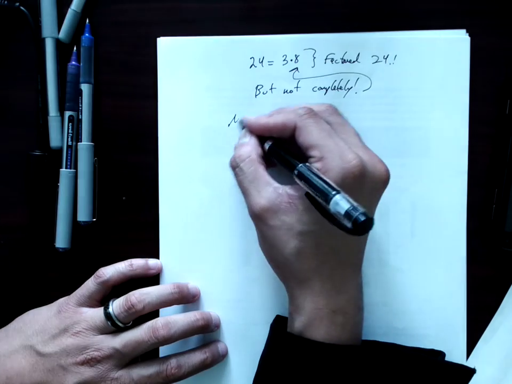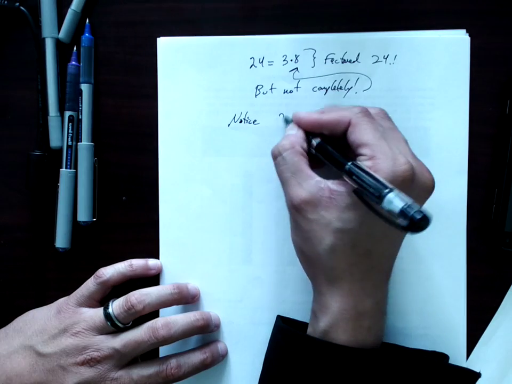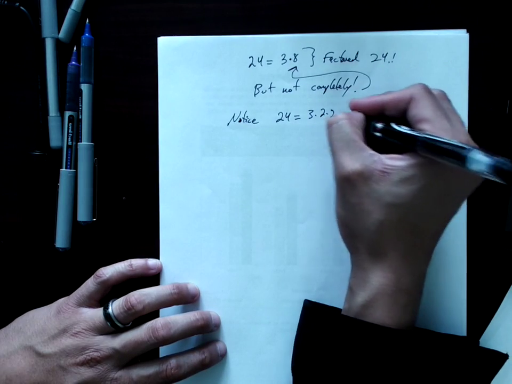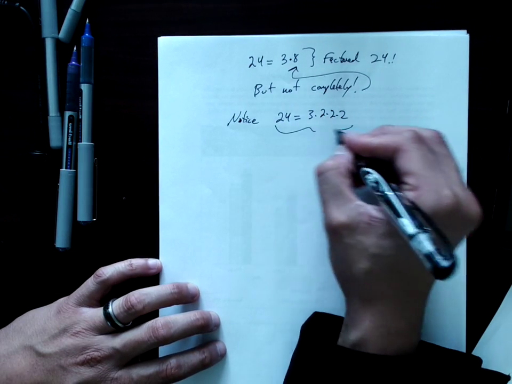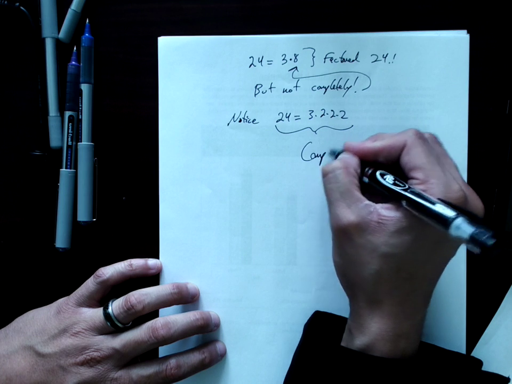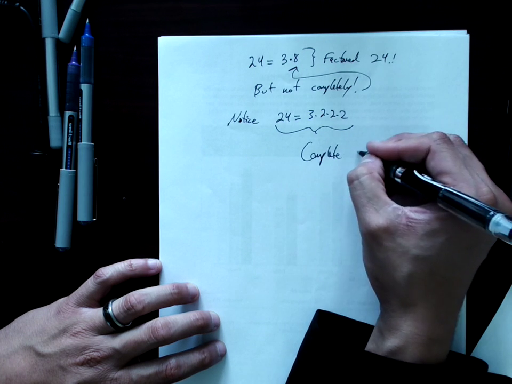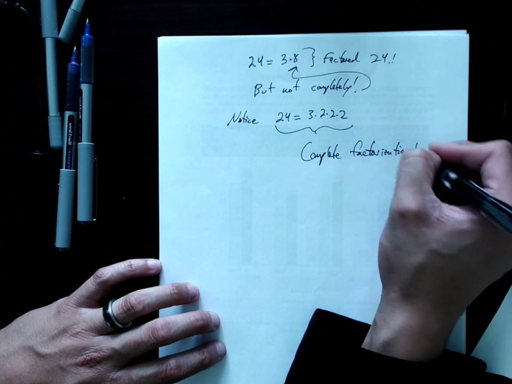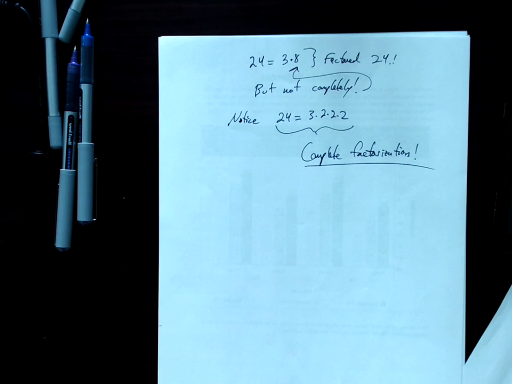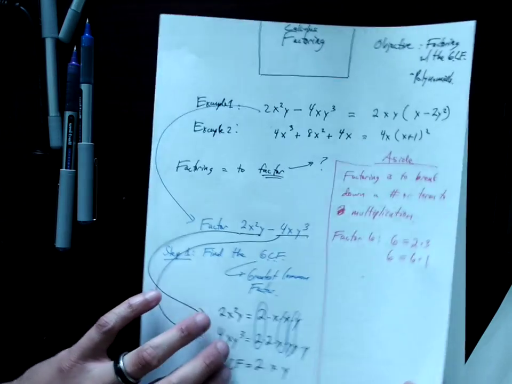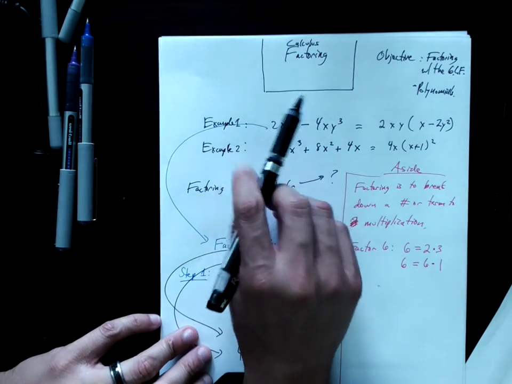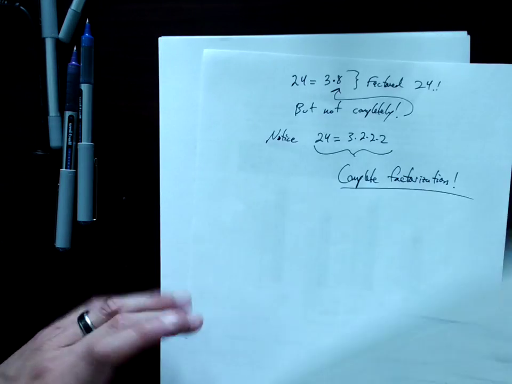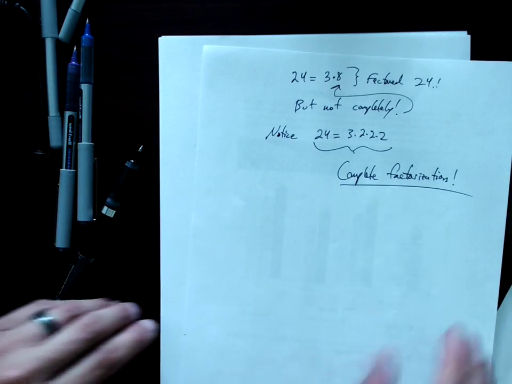So notice, 24 is 3 and 8 is 2 times 2 times 2. Now this is a complete factorization. So really, when I brought up the original problems, when we're talking about factoring, we're actually talking about factoring completely. So that should have been clarified.